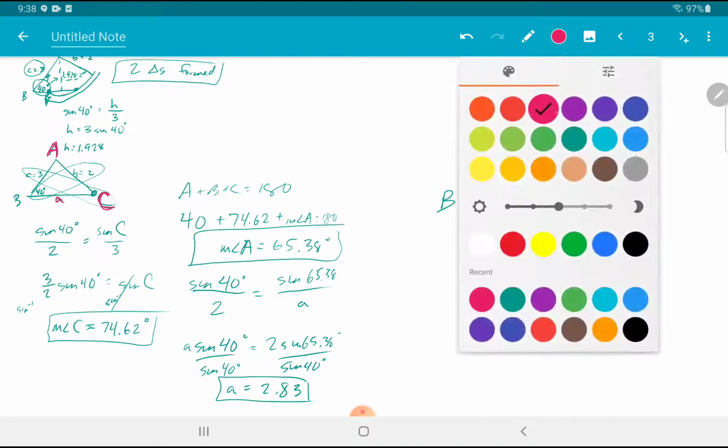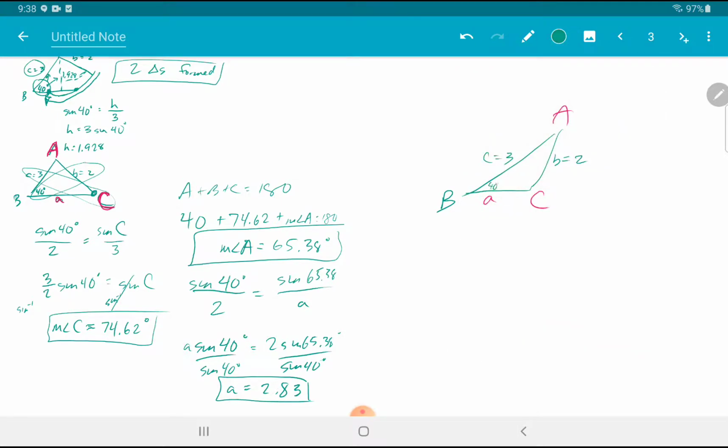Well, we know that B was 40 degrees. Now, since angle C, you'll notice it has now become obtuse compared to it being acute. Really, it's just the supplementary angle of that. Okay, so if you found that angle C was 74.62 before, then this angle will be 180 minus 74.62. So it's just going to be the supplementary angle of that.